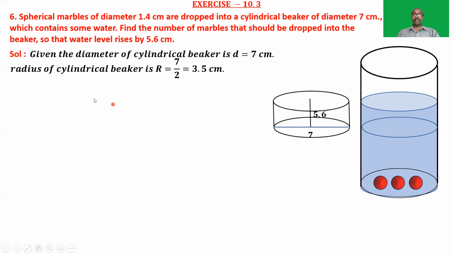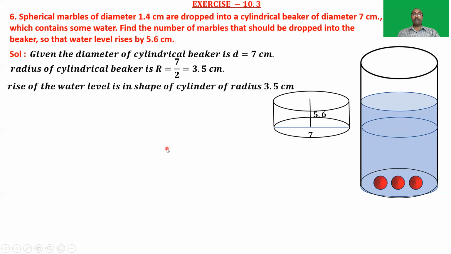I am denoting the radius of cylindrical beaker by capital R. And the rise of water is in the shape of a cylinder whose radius is 3.5 centimeter and the height of the water rise is h equal to 5.6 centimeter.